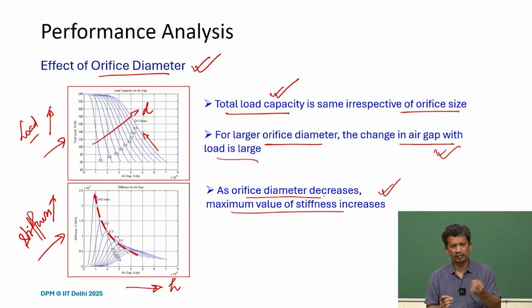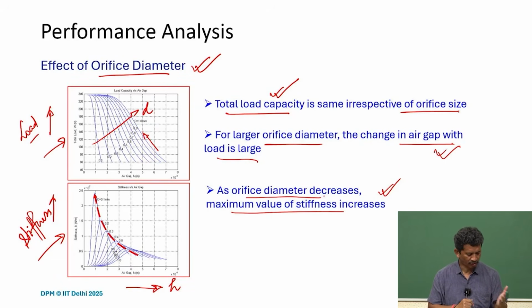So it can be the orifice itself, or we can also assume an area which is allowing the flow on the bearing surface. That is also acting as a restrictor, and that's the reason that when there is a load, the air gap is getting reduced.